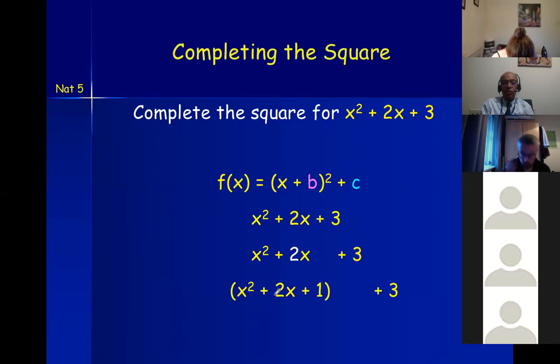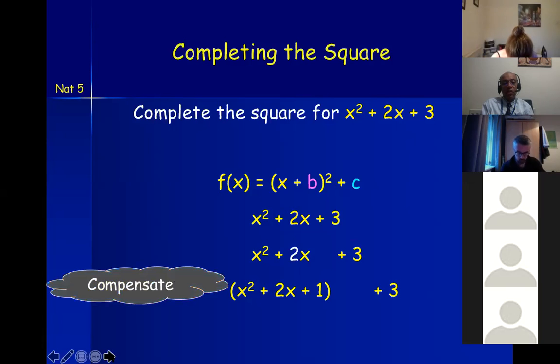So we write x squared plus 2x plus 1. But because we've added a 1, we need to compensate for it. We need to remove it. So if you add 1, to remove 1 is just taking away 1.